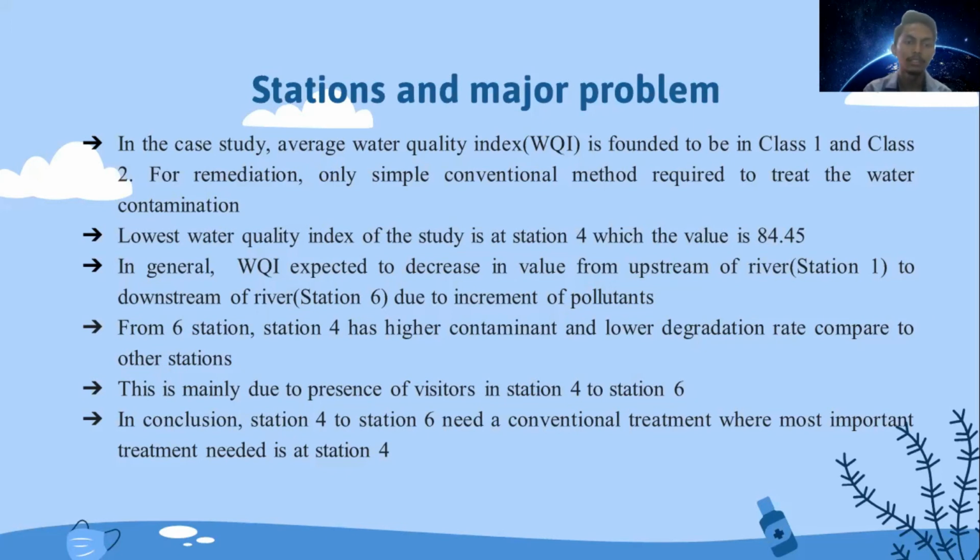From the six stations, station 4 has the highest contaminant and lower degradation rate compared to other stations. This is mainly due to the presence of visitors of the recreational park from station 4 to station 6. In conclusion, station 4 to station 6 need a conventional treatment, where the most important treatment is needed at station 4.